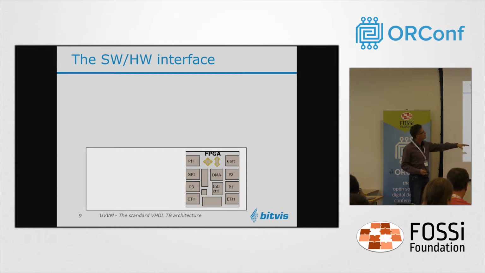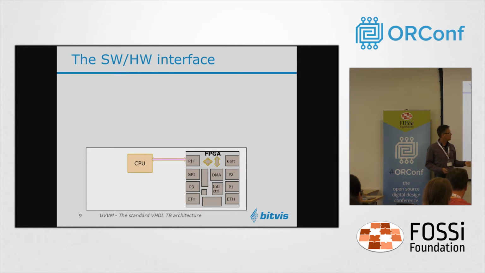So let's look at this scenario with the hardware-software interface. First, looking at the FPGA there. Then we have the CPU. Of course, the CPU is connected to the FPGA via a bus interface. This is called the processor interface, which is again, of course, connected to all the modules via an internal bus system in your FPGA. Right?